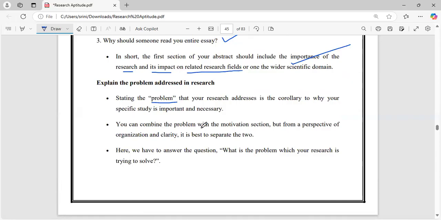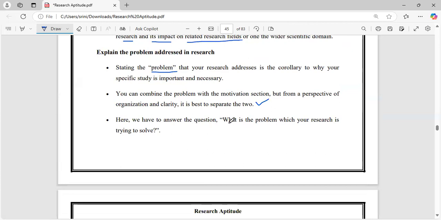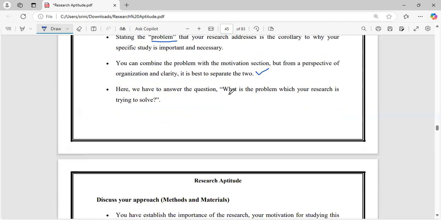You can combine the problem with the motivation section, but from the perspective of organizational clarity, it is best to separate them. Here we have to answer the question: what is the problem which the research is trying to solve.